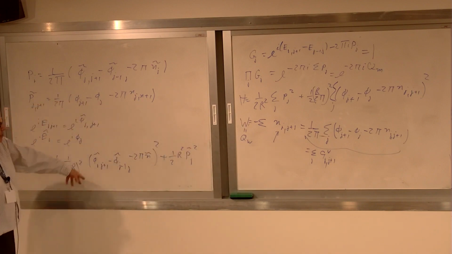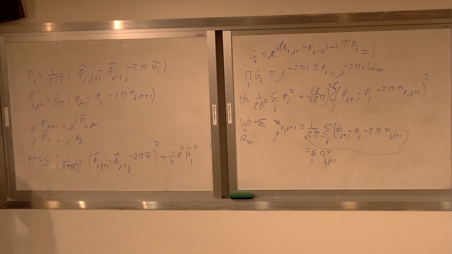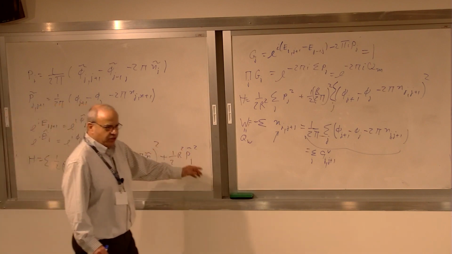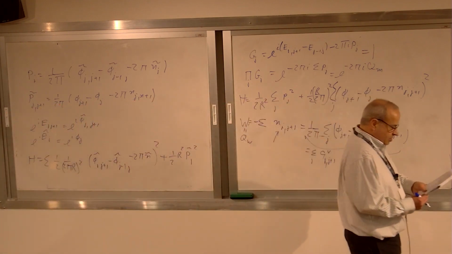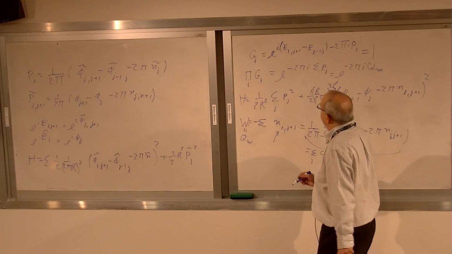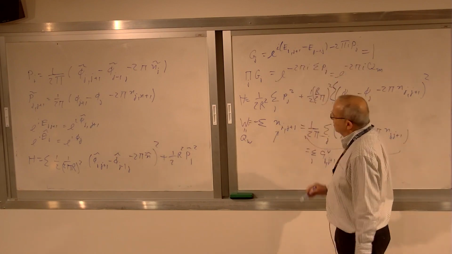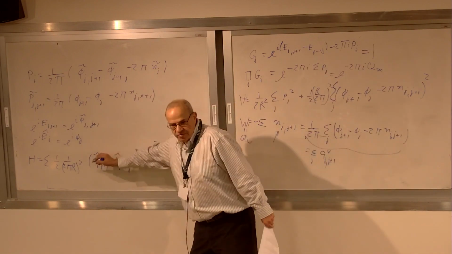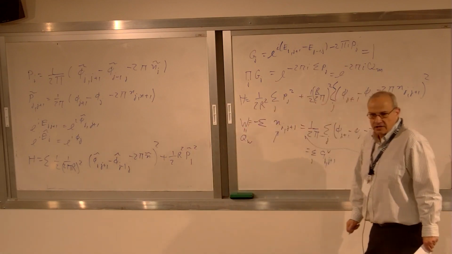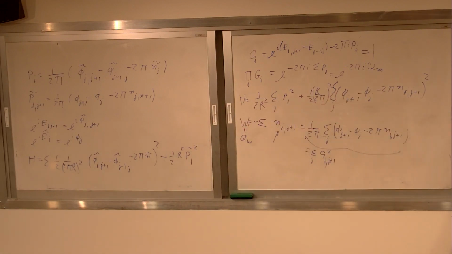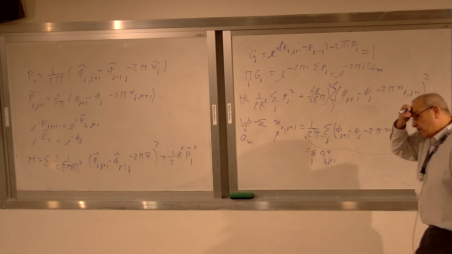So the Hamiltonian went back to itself, except that the matter fields now live on the links, the gauge fields now live on the sites, and R was interchanged with 1 over R. What happened to Gauss law? The original Gauss law, if you substitute this thing here, is satisfied automatically. So in the new variables, we don't have to worry about Gauss law.